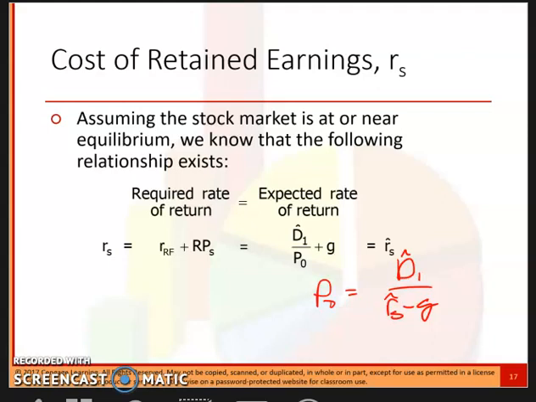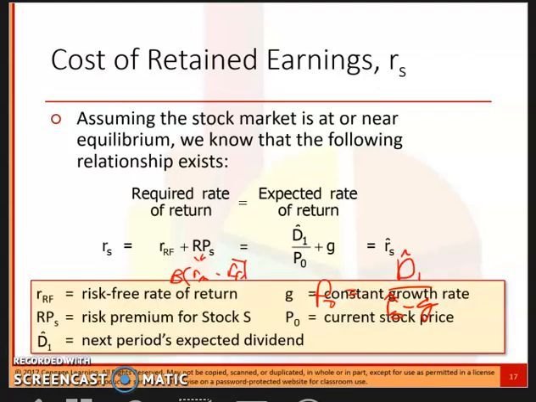This is actually a variation of the capital asset pricing model. The risk premium portion would be beta times the expected return on the market minus the risk-free rate. That's where this comes from. So in equilibrium, these two should tie together.